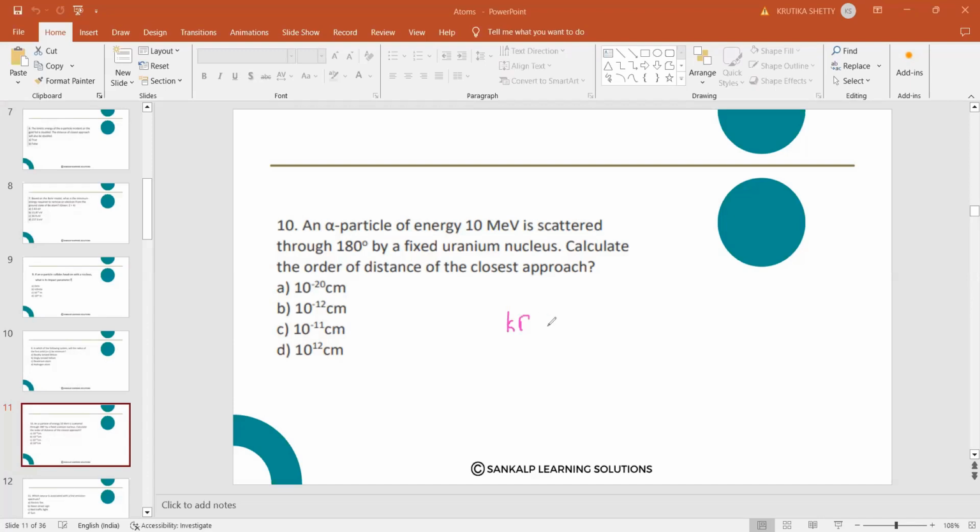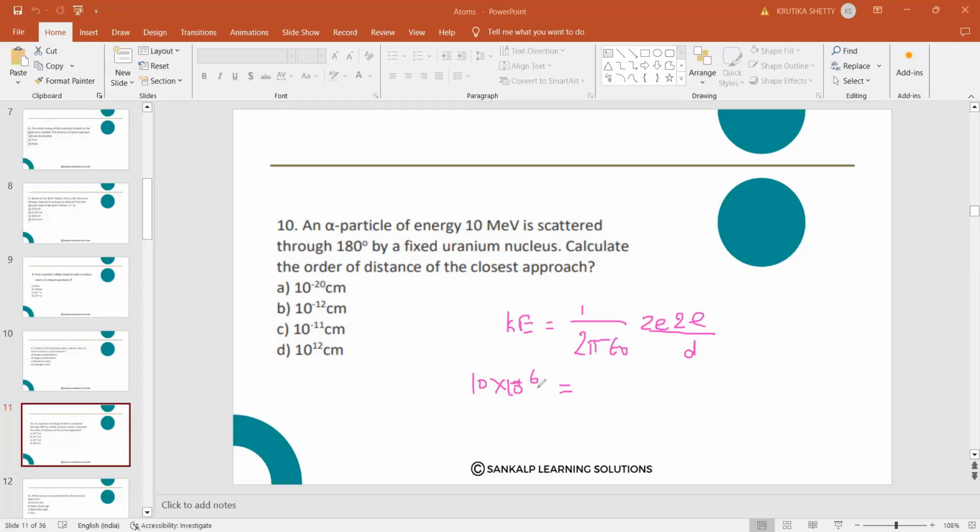That is nothing but kinetic energy is equal to 1 upon 2 pi epsilon naught, Ze into 2e divided by d. Here the energy of the particle is given as 10 mega electron volt, so 10 into 10 raised to 6 electron volt.